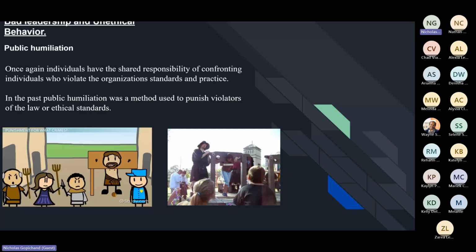From the pictures here, you can see this is a type of public humiliation where you would be in a headlock with your hands, and there would usually be a sign at the bottom stating the wrongdoings you had done.